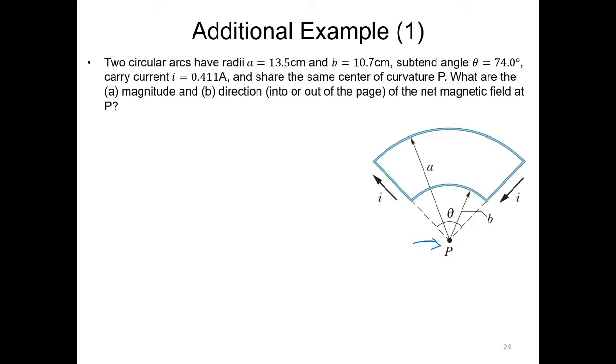What are the magnitude and direction, into or out of the page, of the net magnetic field at P? So we want to calculate the magnetic field at this point. And the current is rotating clockwise.